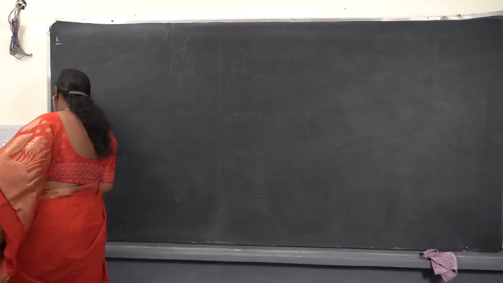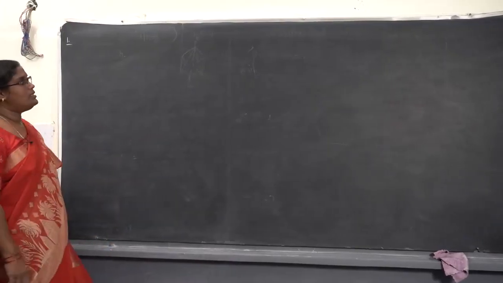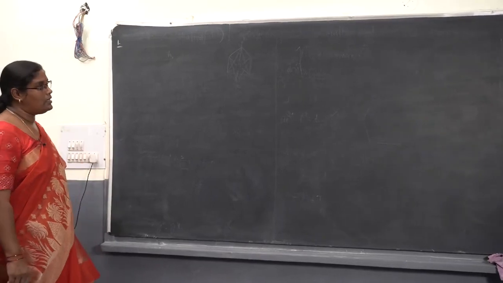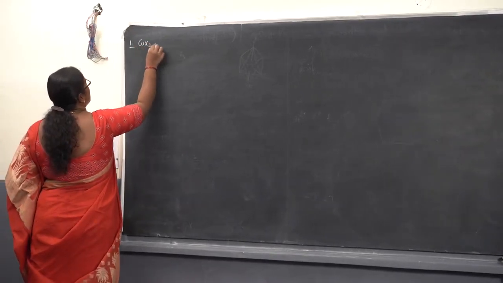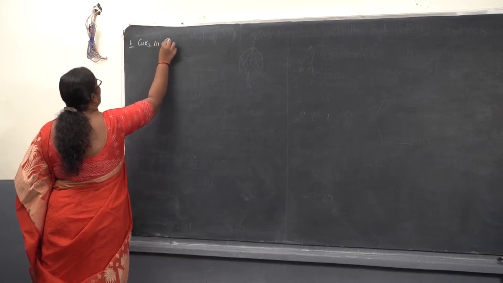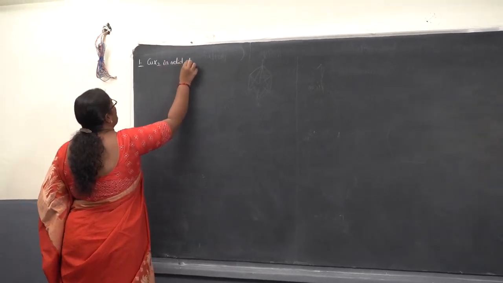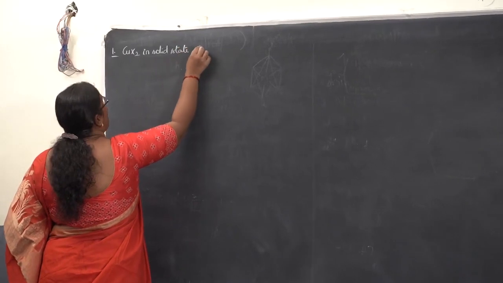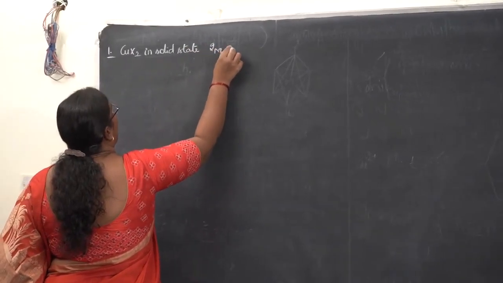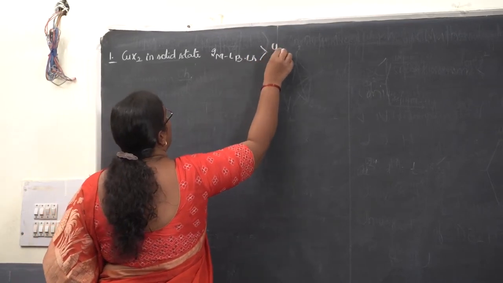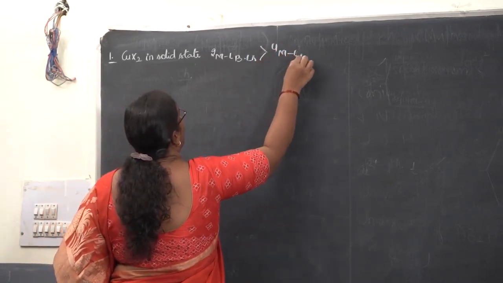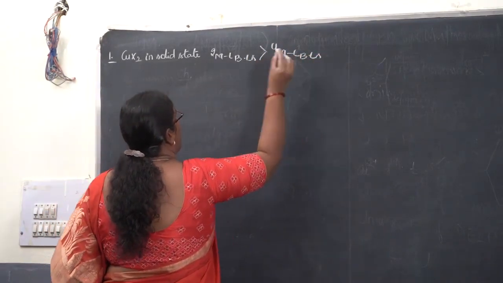Okay. So what are the different types of questions we are going to expect in this? First one, CuX2 in solid state. In solid state, it has 2 metal ligand bond lengths greater than the remaining 4 metal ligand bond lengths.